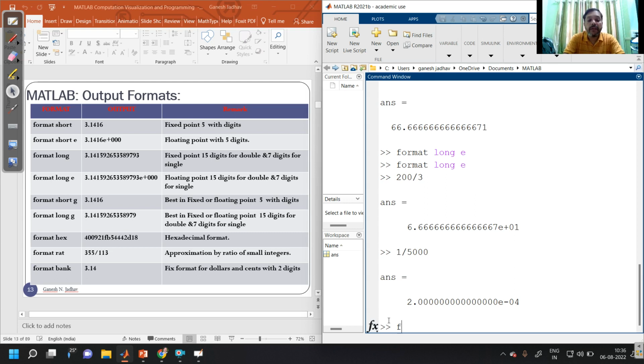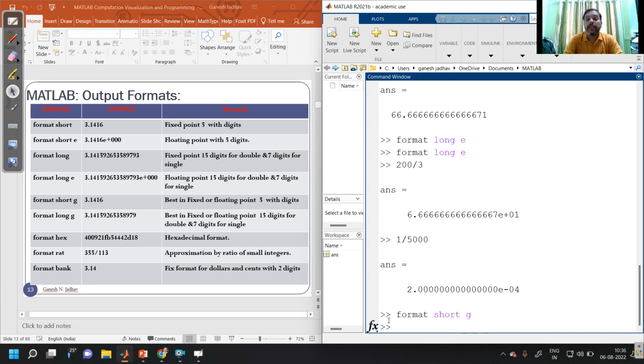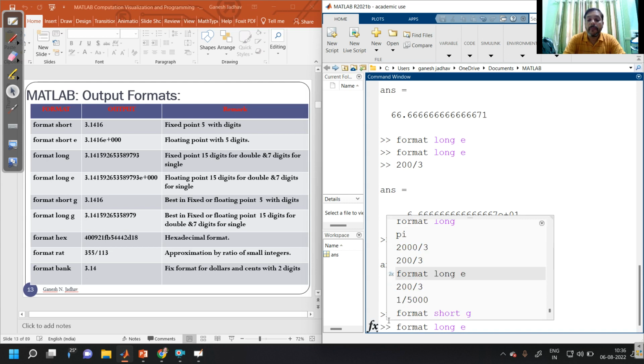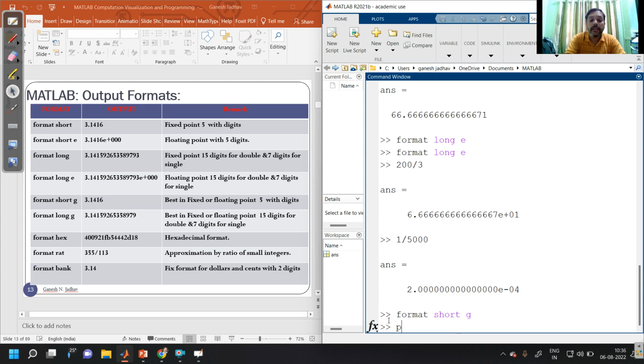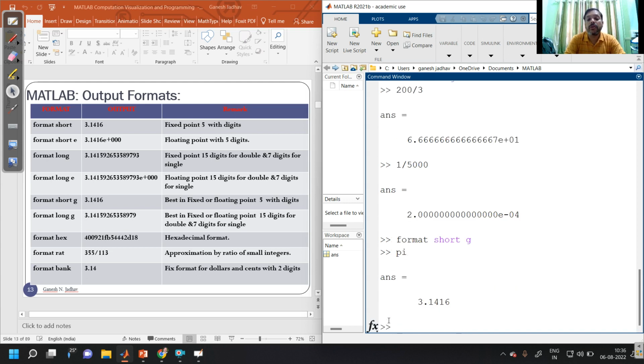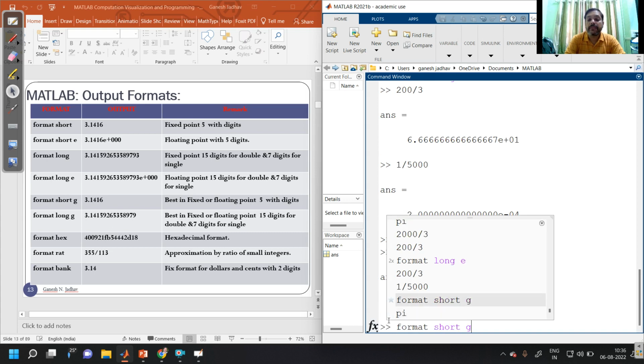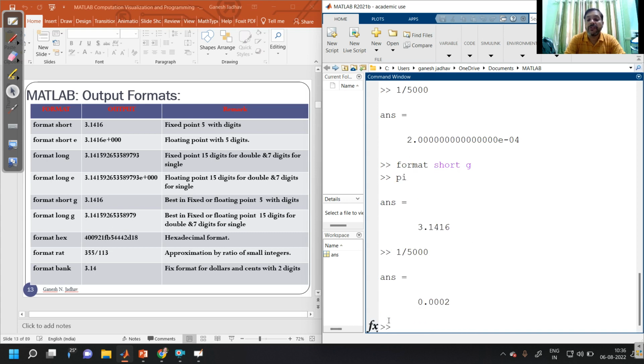After that we will use format short G. In format short G, if I display the same result of pi, it will give a result similar to format short. But if I display the result of 1 divided by 5000, you can observe this is again in terms of short.